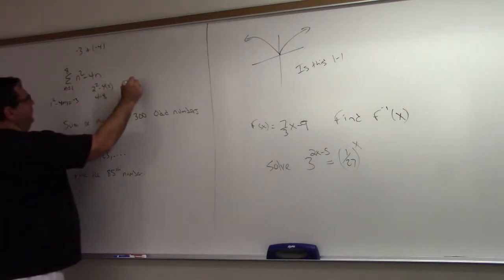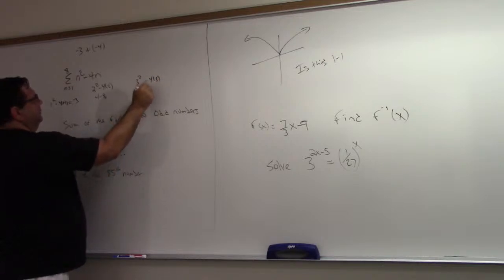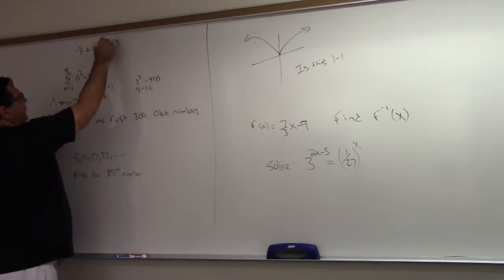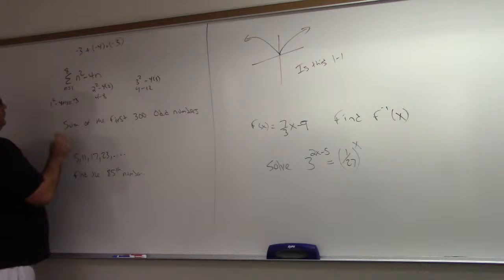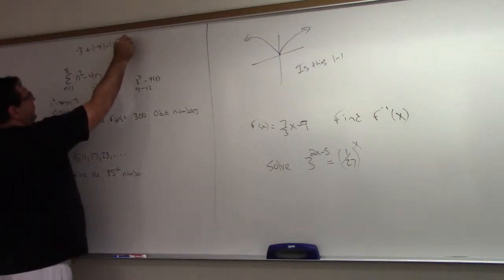If it is 3, 3 squared minus 4 times 3, 9 minus 12 is negative 3. 4 squared minus 4 times 4 is 0, so that's not going to affect anything.